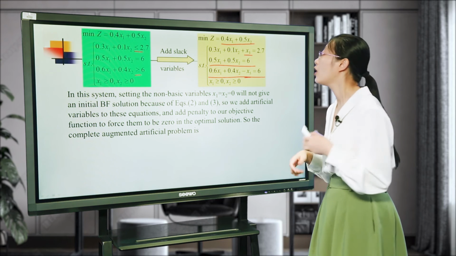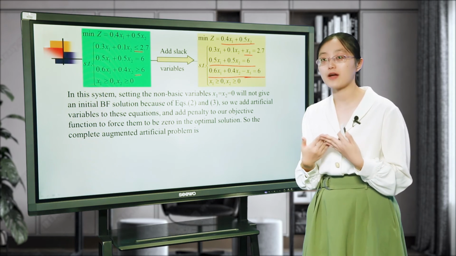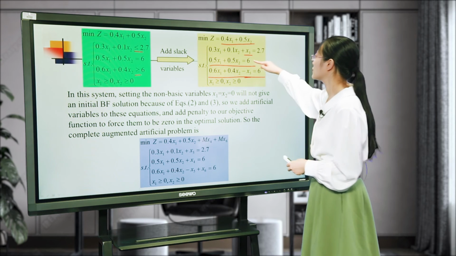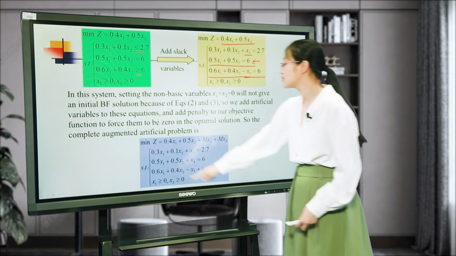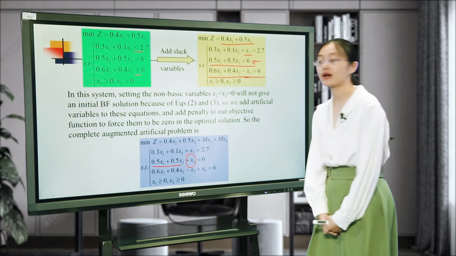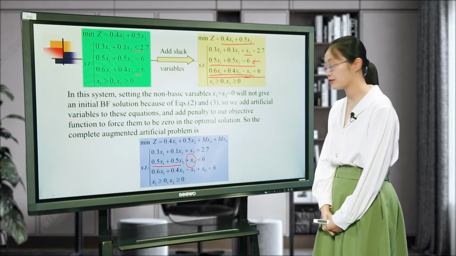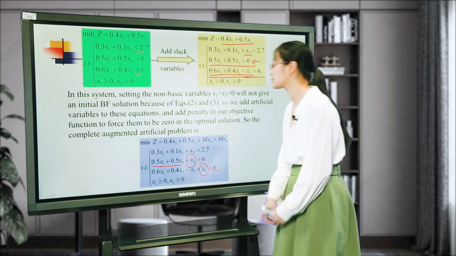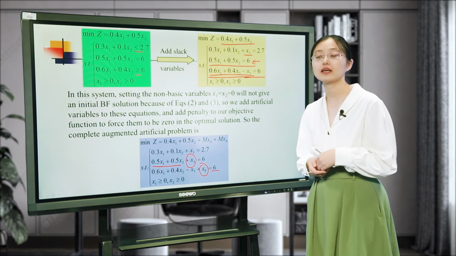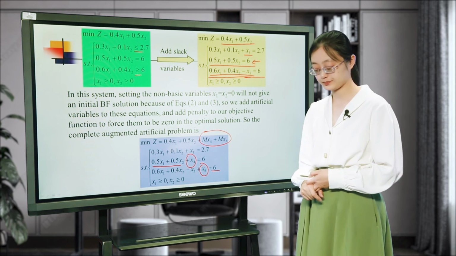As before, since we have problems with these constraints, we introduce artificial variables for each, and change constraint 2, which was an equation, to 0.5x1 plus 0.5x2 plus an artificial variable x4 equals 6. And with constraint 3, again, we introduce an artificial variable, plus x6 equals 6. Since x4 and x6 are artificial variables, they should not exist at the beginning, so we add some penalty to our objective function.